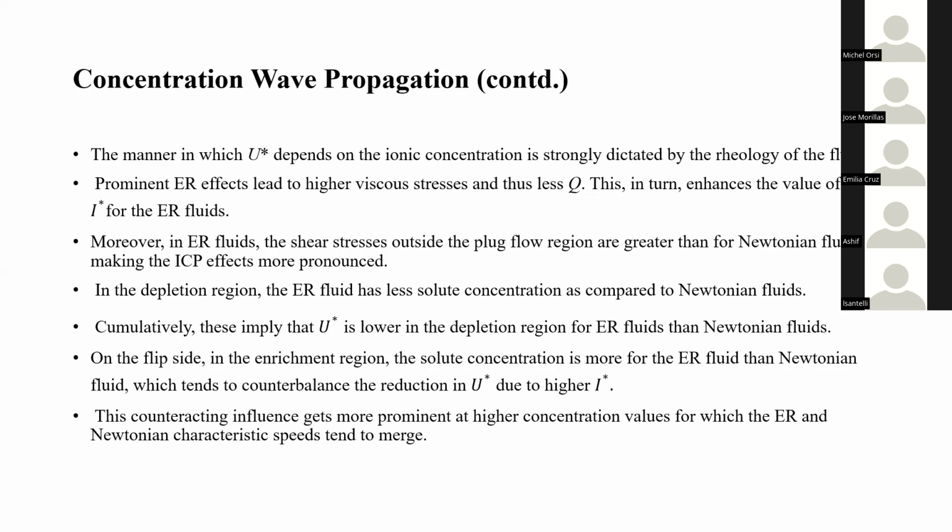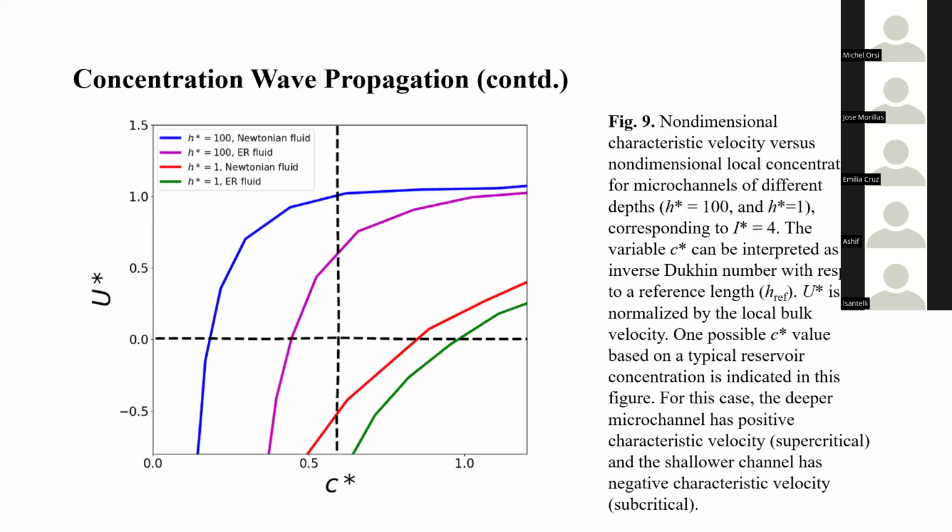Cumulatively, this implies that U star is lower in the depletion region for ER fluids than Newtonian fluids. On the flip side, in the enrichment region, the solute concentration is more for the ER fluid than Newtonian fluids, which tends to counterbalance the reduction in U star due to high I star. This counteracting influence gets more prominent at high concentration values for which the ER and Newtonian characteristic speeds tend to merge.